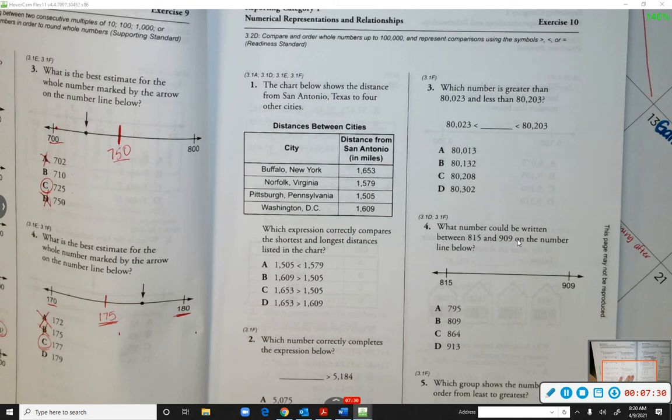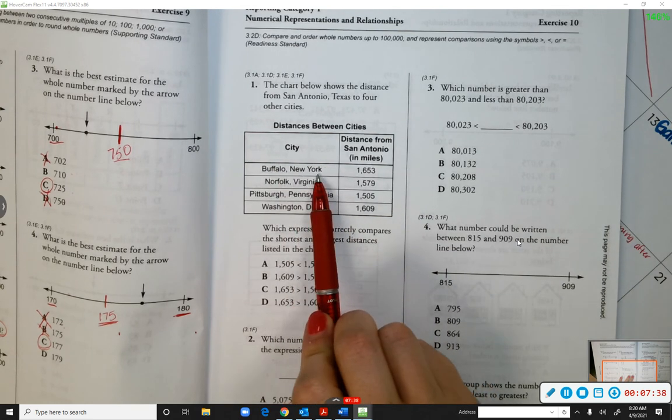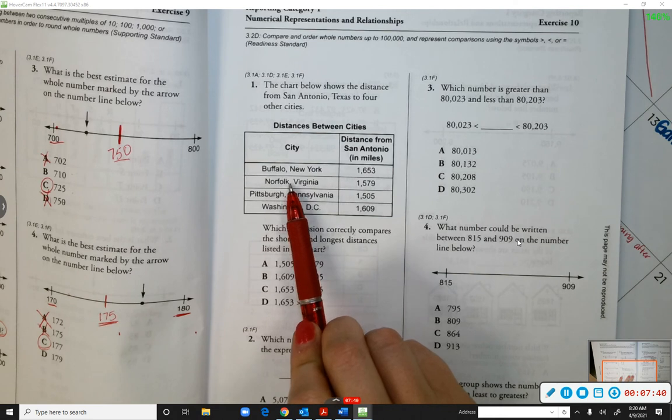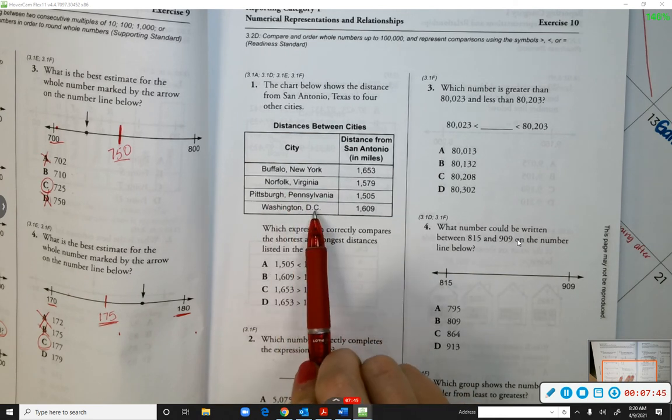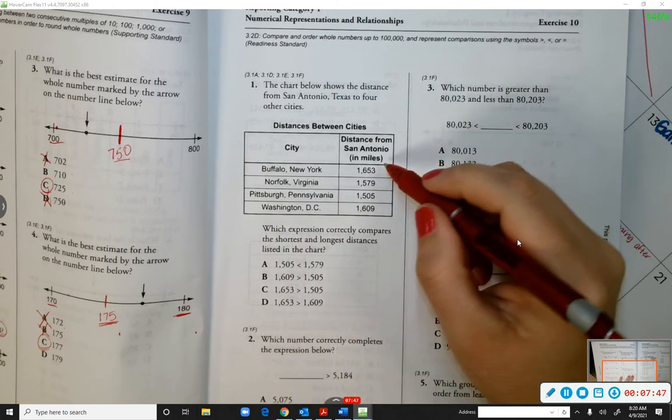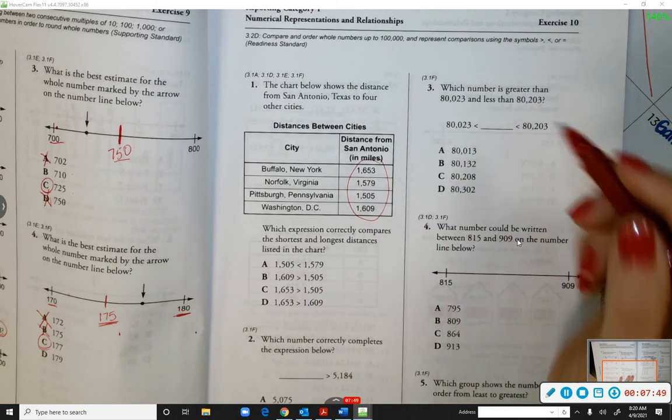Number 1 says the chart below shows the distance from San Antonio, Texas to 4 other cities. So I've got Buffalo, New York, Norfolk, Virginia, Pittsburgh, Pennsylvania, Washington, D.C. And these are all our distances in miles. Okay?